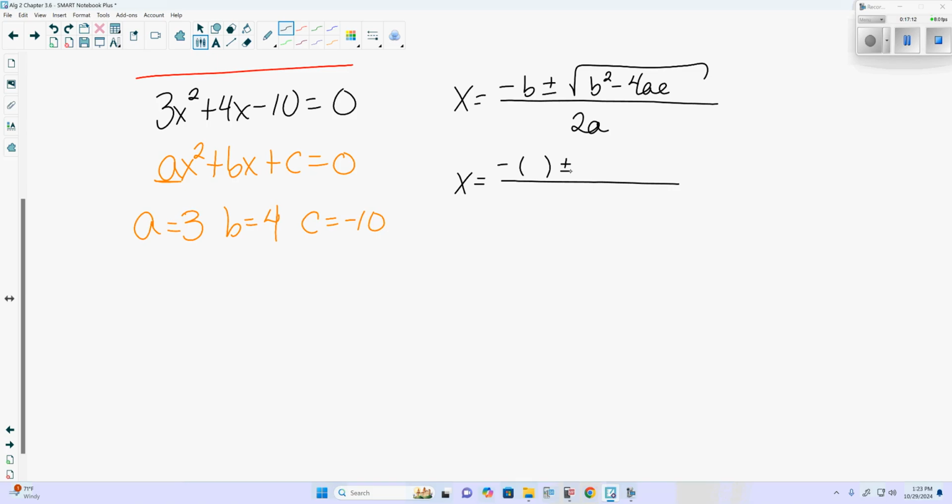Questions on how we found a, b, or c? Questions on how we found any of this here so far? Now we need to plug our values in.